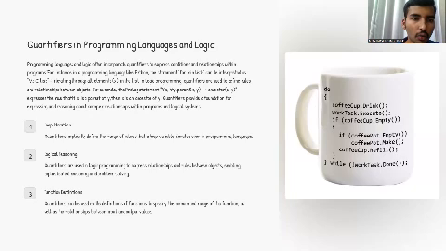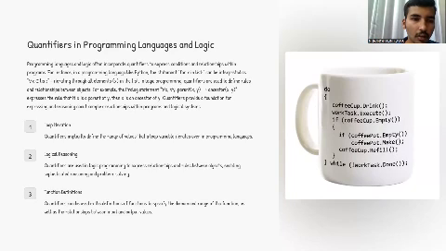There are three uses: loop iteration, logical reasoning, function definition. Loop iteration means a quantifier implicitly defines the range of values that a loop variable iterates over in a programming language.